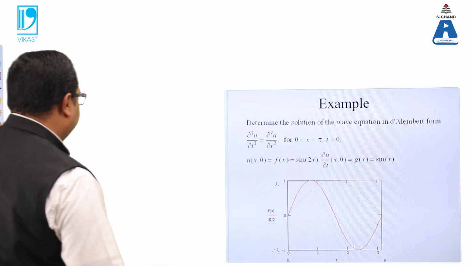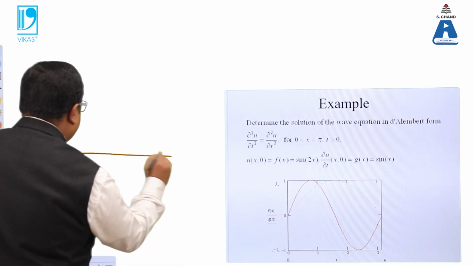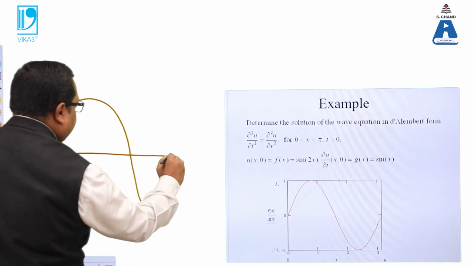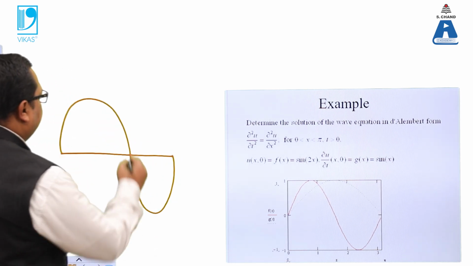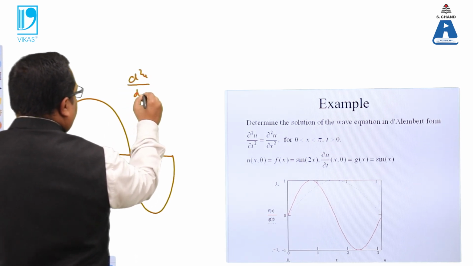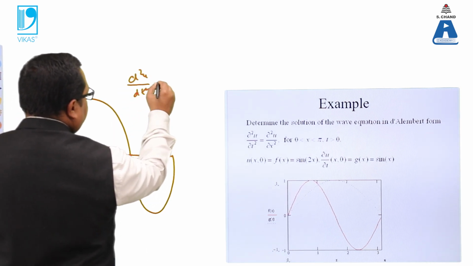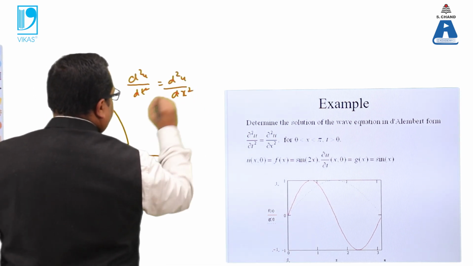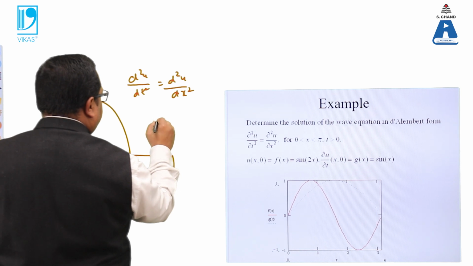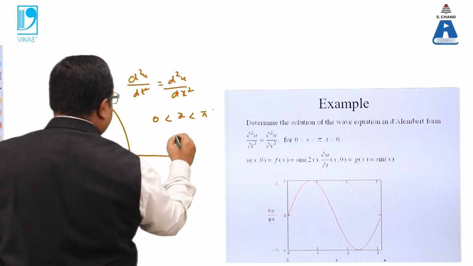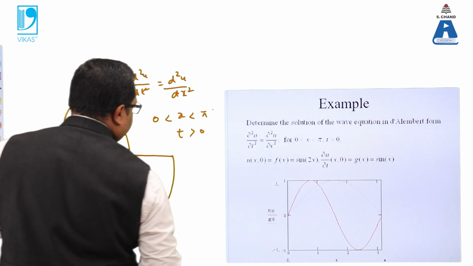What is given here is d²u/dt² is equal to d²u/dx², and we have taken x in this range and t greater than 0.